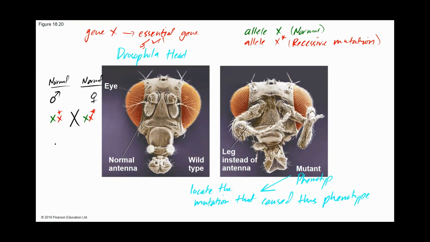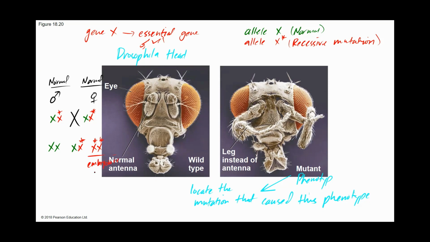What we will have is all possible combinations. We could have progeny that have both normal alleles, progeny that have 1 normal and 1 mutant allele, and then offspring that have 2 mutant alleles, which may be embryonic lethal.